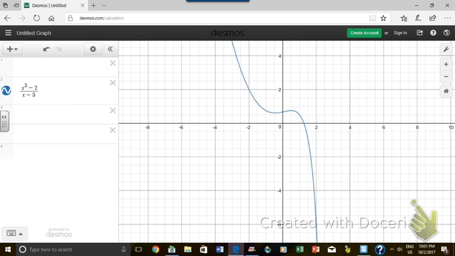If we take a look at the graph, we can see that as x approaches 3, from the left is going to be a different value because we're approaching an asymptote at 3 from the right. There is no function from the right. Therefore, we would have to say on this one that the limit does not exist.